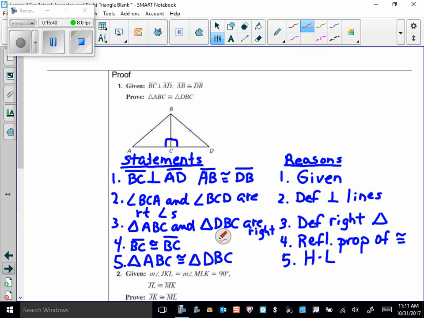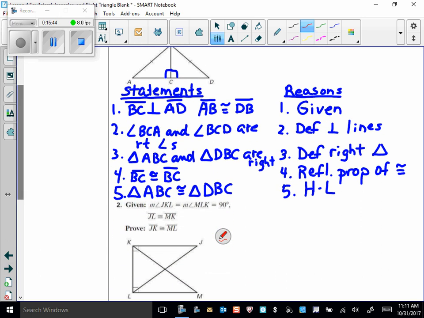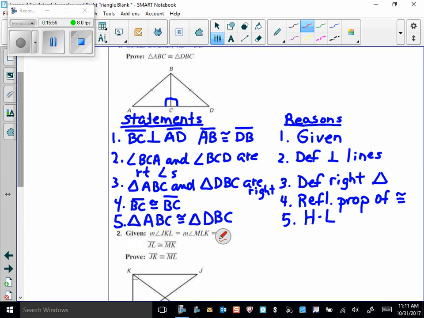Okay, and then the proof. So take a minute to look at this. I'm hoping by this time maybe some of you stopped and tried to work this by yourself. So I wrote down the given statements, and I'm thinking again that I'm going to have to use the hypotenuse-leg theorem because I can see that I got right triangles.